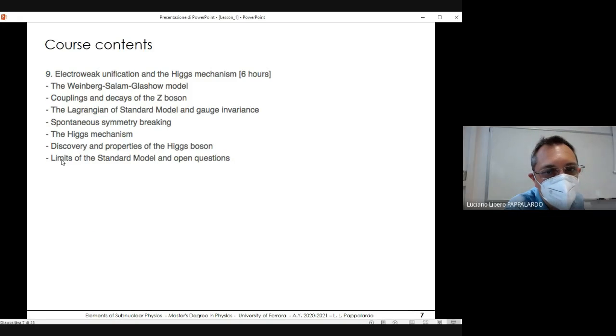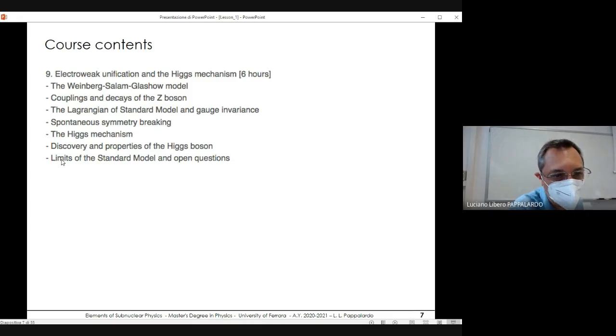Then we have the summary of all we will have learned at that point, that is essentially the standard model of particle physics. This is about electroweak unification and the Higgs mechanism altogether. We will study the couplings of the Z and the W, and most importantly, we will derive step by step the Higgs mechanism, which is, as you know, a crucial mechanism that allows us to provide mass to the massive particles.